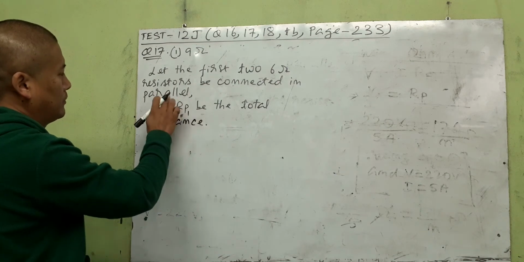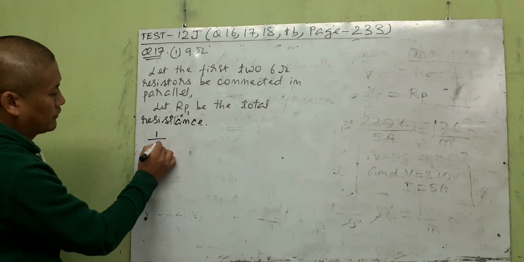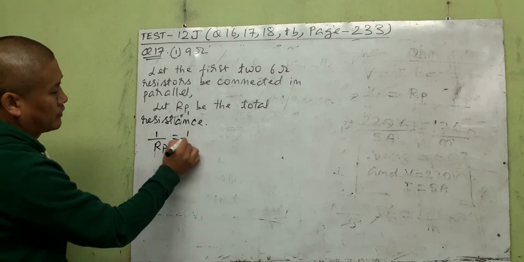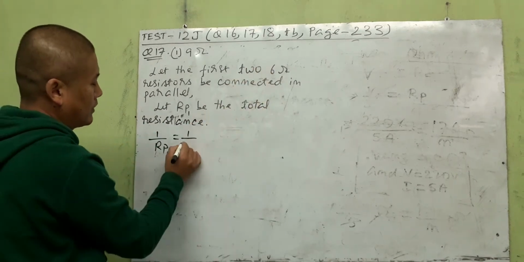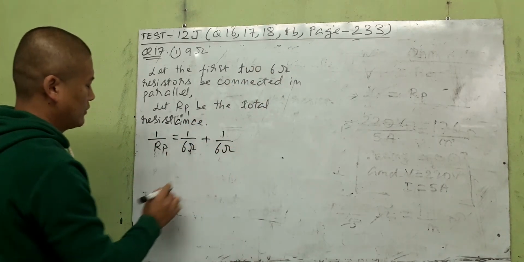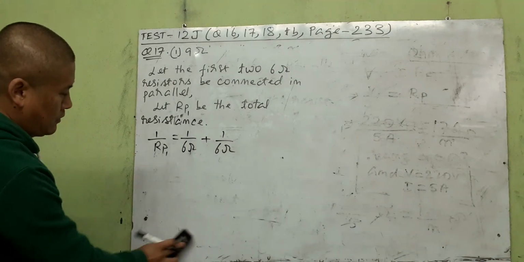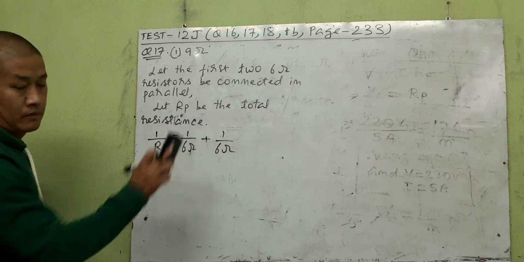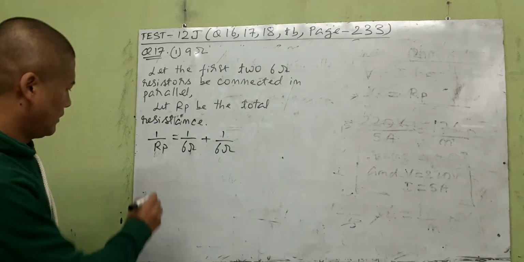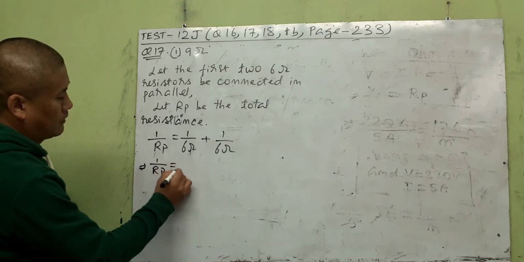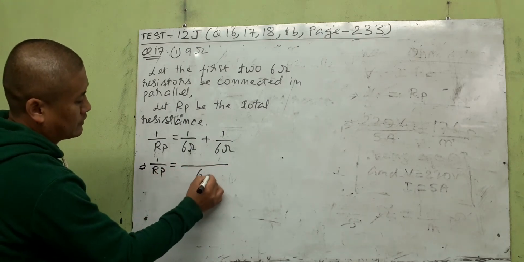Since they are clearly in parallel, the formula will be the reciprocal of total: 1 by RP1 will be the reciprocal of the first 2 resistors, 1 by 6 ohm plus 1 by 6 ohm. You can just put RP, that's fine. Now 1 by RP, the LCM of 6 and 6 is 6 ohms.